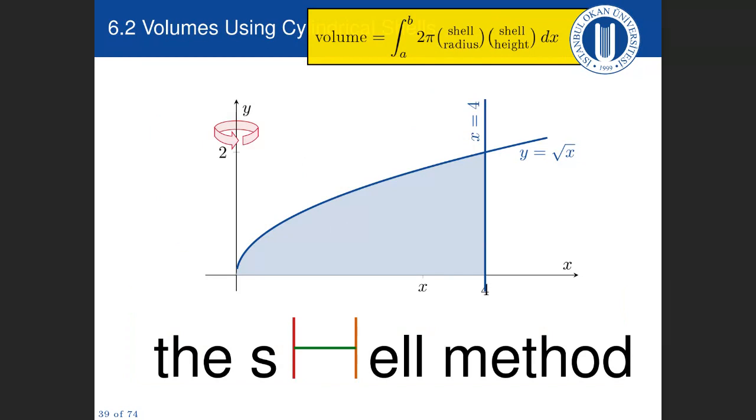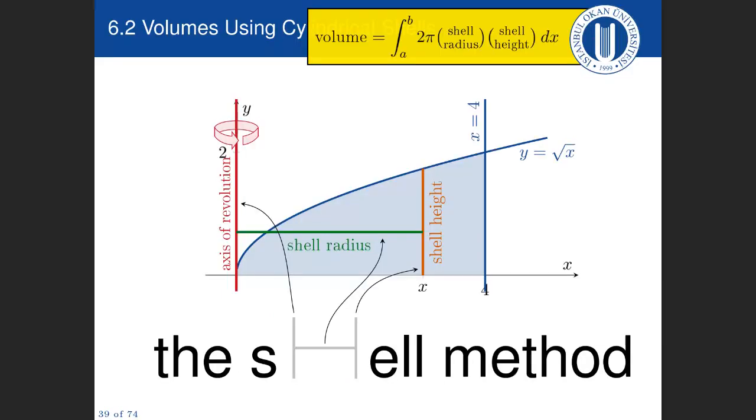We need to find the shell radius and the shell height. The way I like to think about this is that we're going to use a giant capital H. One of the vertical parts of this capital H should go on the axis of revolution. The other vertical line becomes the shell height. And then if we join these two together, we get the shell radius.